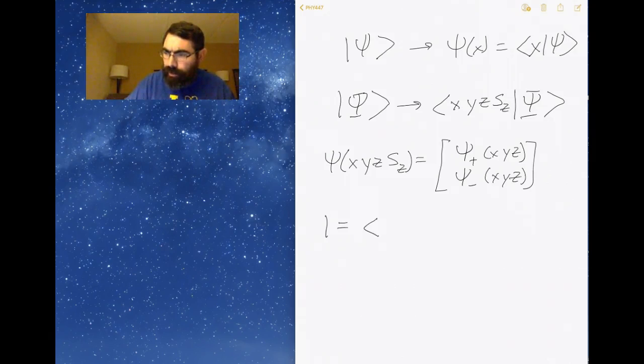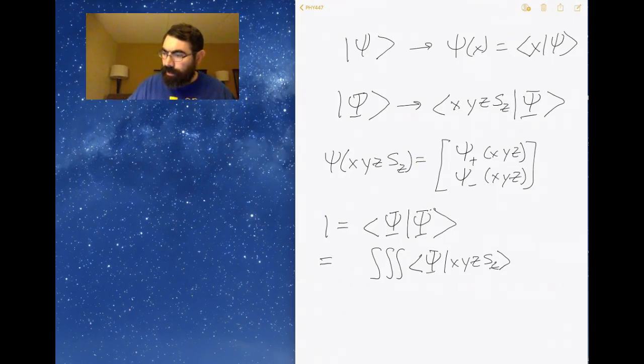So that would be the product of the state psi with itself, which is equal to the integral over 3 dimensions, x, y, and z, of the wave function psi of x, y, z, and spin, basically psi star psi, the wave function times its complex conjugate. So that's x, y, z, spin z of the state psi, integrated over x, y, and z.